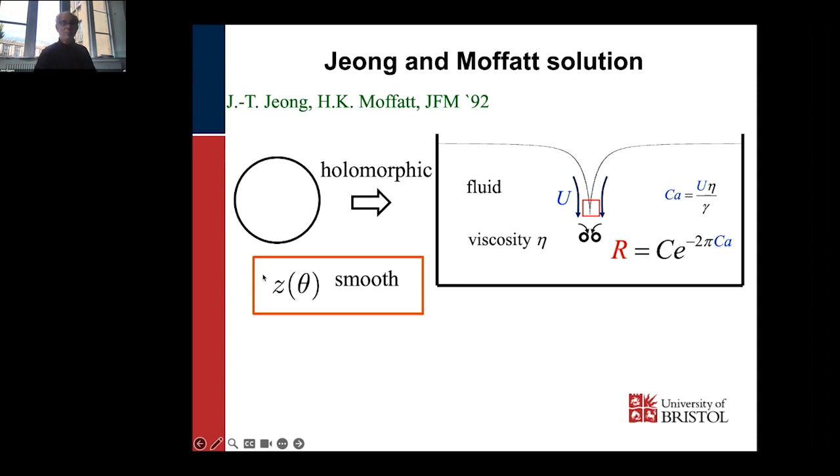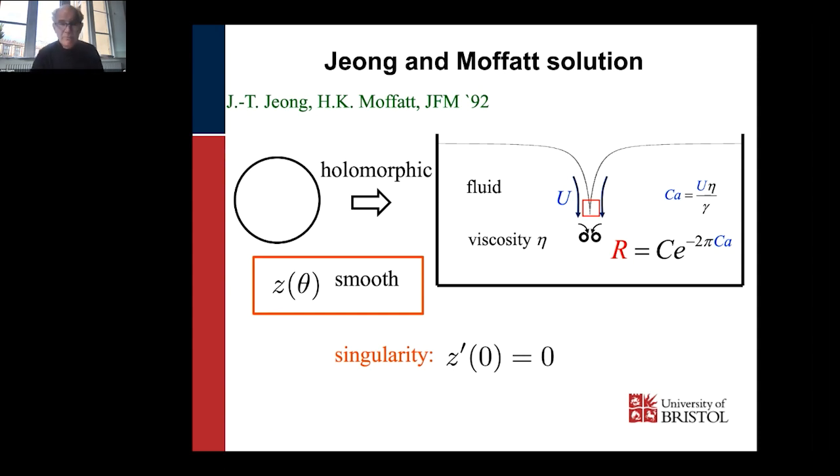And for our purposes, it suffices to say that they find a holomorphic mapping Z from this disk onto the flow domain, which means that if I parameterize the surface here only, Z of theta is a smooth function. So I have here really two equations, x of theta and y of theta, which is a smooth function containing a single parameter, which is the strength of the driving.